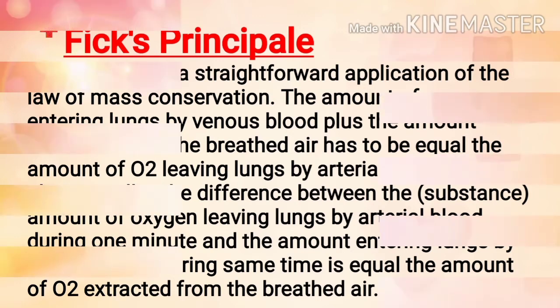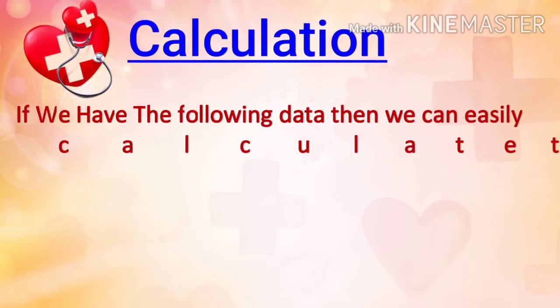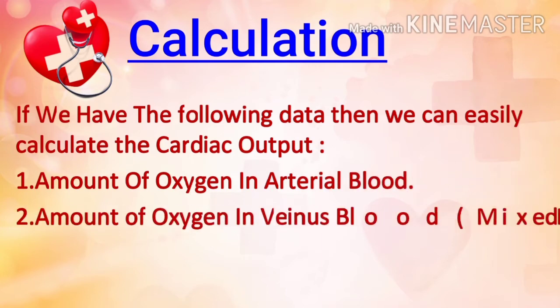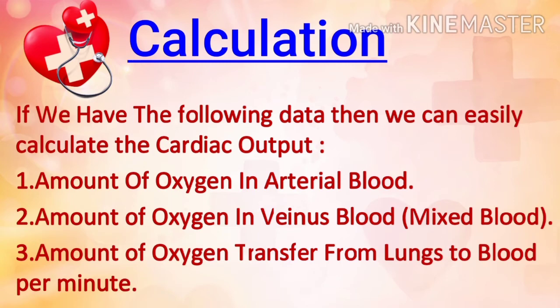Next, the calculation. If we have the following data, then we can easily calculate the cardiac output. First is the amount of oxygen in arterial blood. Second is the amount of oxygen in venous blood.